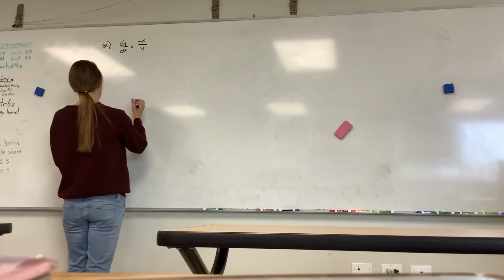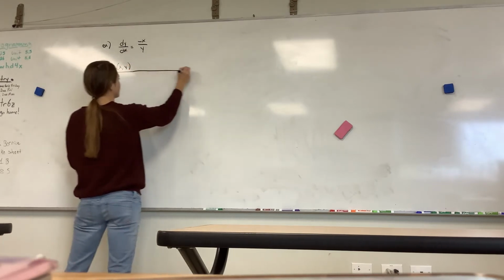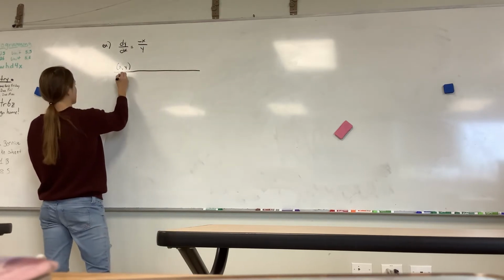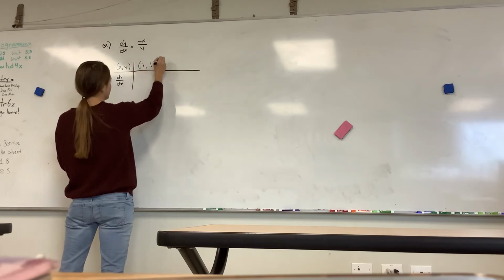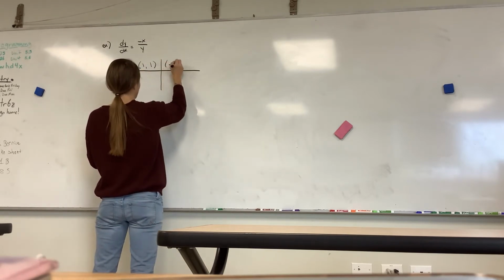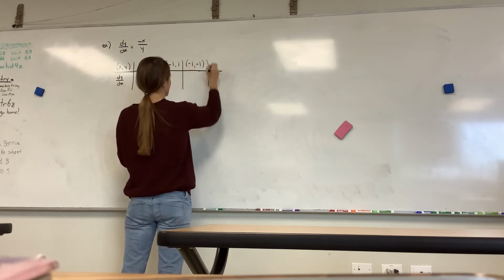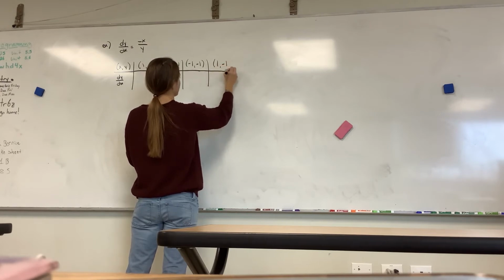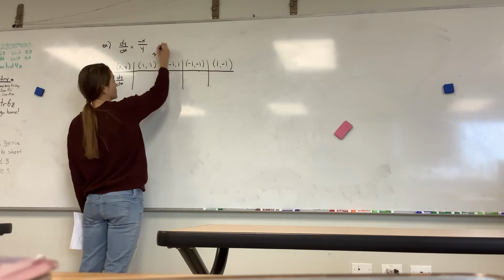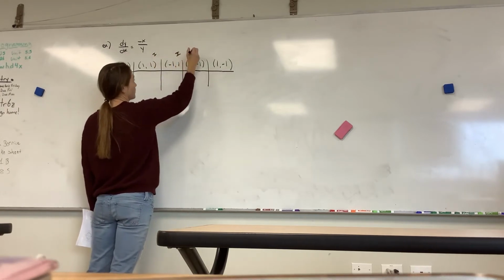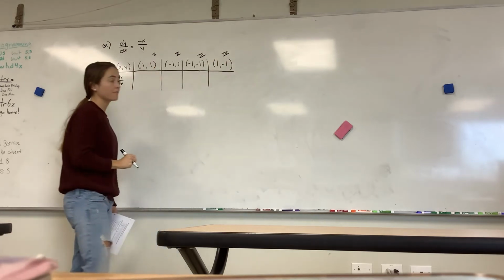So if I have x, y, then I want you to compute dy/dx, and I want 1, 1, negative 1, 1, negative 1, negative 1, and 1, negative 1. What you'll notice, right, is that this is the first quadrant, second quadrant, third quadrant, and fourth quadrant on our graph.